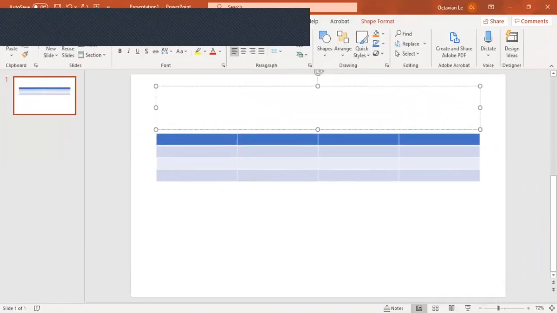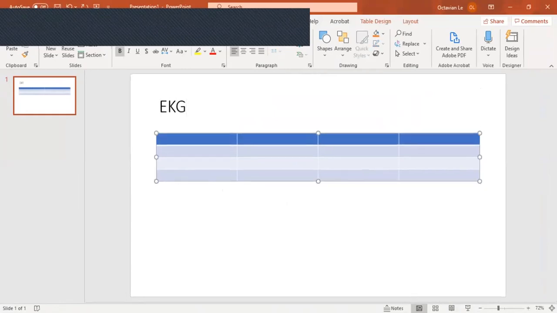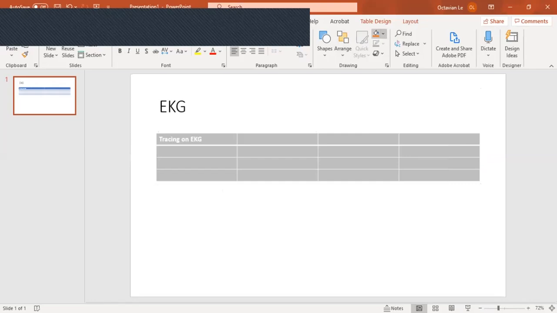Okay, so what does the EKG mean? On the EKG, you can see what's called the tracing. I'm going to make this gray, and I'll darken this. Okay, good. The tracing on the EKG, so you have the P wave, you have the QRS complex, you have what's called a T wave.